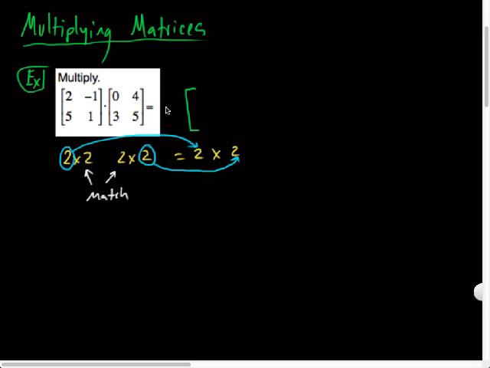So in order to find the first row, first column answer, what we're going to do is multiply the first row by the first column. And once again, I want to point out that it's row by column, which is convenient because it happens to be the same order that we measured the size of a matrix.